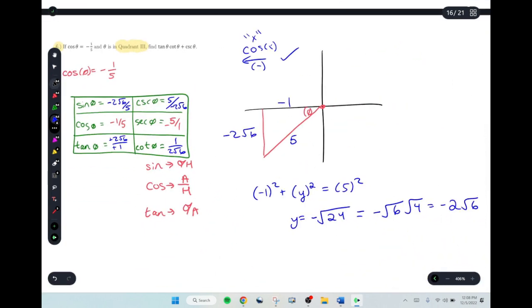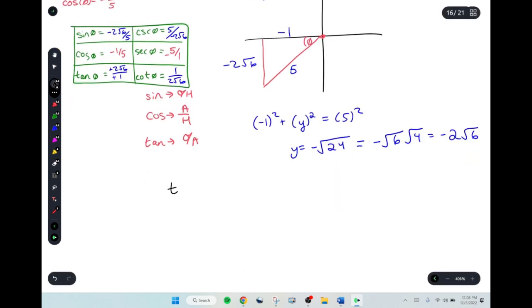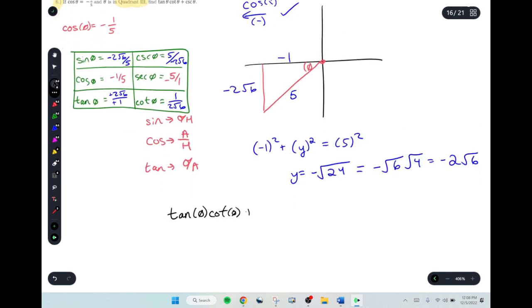But that's not actually the problem. Holy crap, we just did a whole lot of work to not even answer the problem. What's the problem asking? It's asking tangent, cotangent, plus cosecant. Well, we've got all those. The tangent is 2 root 6 over 1.